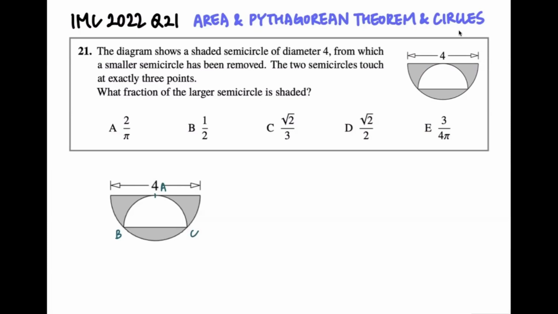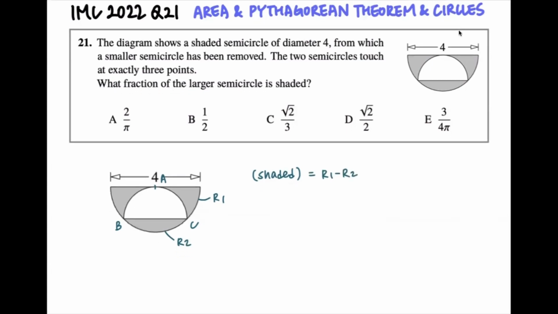So we can get the area of the shaded part using the semicircles. Let's label them R1, the bigger one, and R2, the smaller one. That's equal to R1 minus R2. And we have to get the areas for each of them.